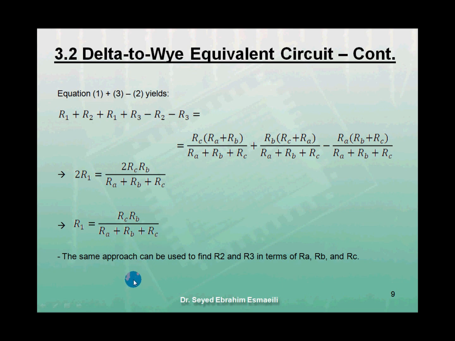The same approach can be used to find R2 and R3 in the Y configuration in terms of RA, RB, and RC in the delta configuration.